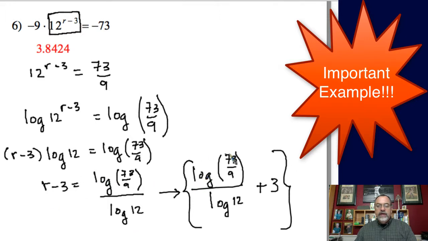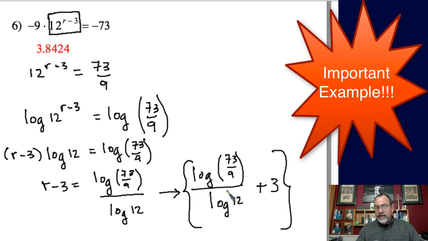So when we calculate that, we should get this. I'm going to calculate that on my calculator just to double check because that one's got a lot going on. It's kind of difficult to get all of this entered into my calculator with all of the parentheses in the right place. What I usually like to do is do each one of these one at a time. So I'm going to take the log of the numerator. So I do log, and then it gives me a parenthesis, 73 divided by 9, and I push enter.